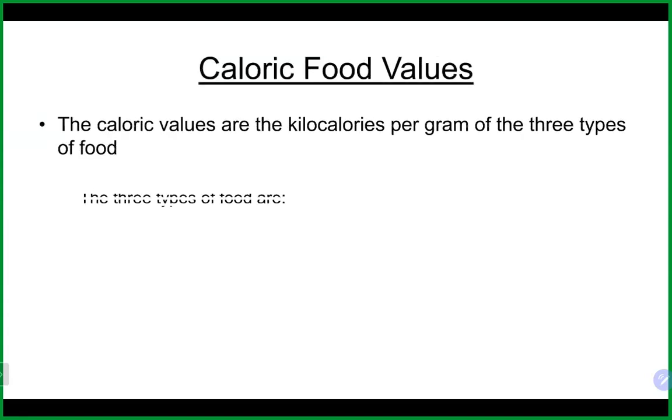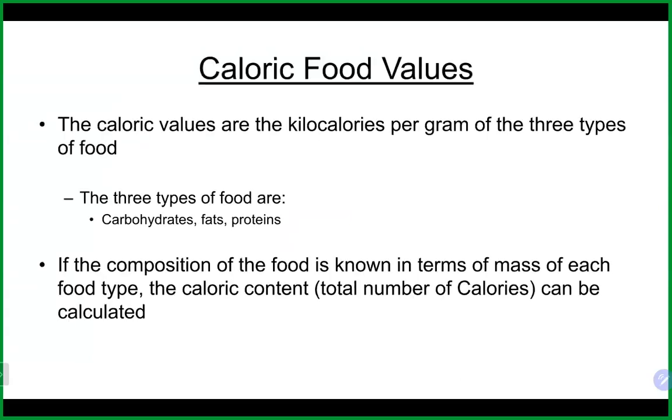Now, when we talk more specifically about calories, there are really three basic types of caloric values that we look at: carbohydrates, fats, and proteins. Each of these has what is referred to as a caloric value: 4 kilocalories per gram for carbs, 4 kilocalories per gram for proteins, and 9 kilocalories per gram for fat.